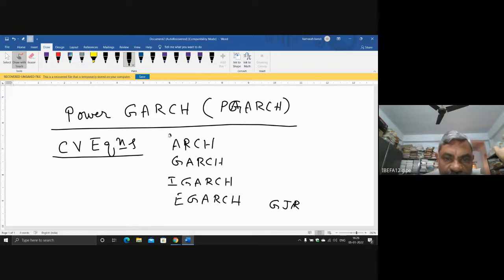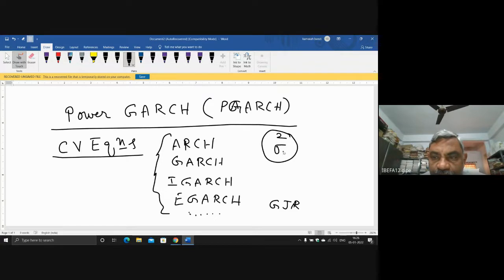If you trace the functional form of all these models, you always focus on sigma square. What is sigma square? Sigma square t. What is this? Conditional variance. Conditional variance is also variance. Okay? And variance is nothing but the second moment. Second moment. Okay?